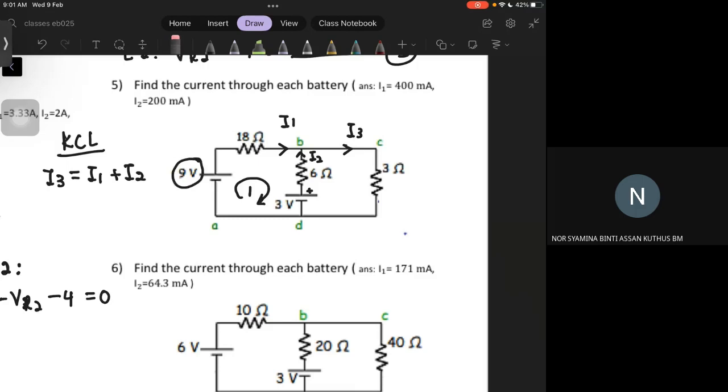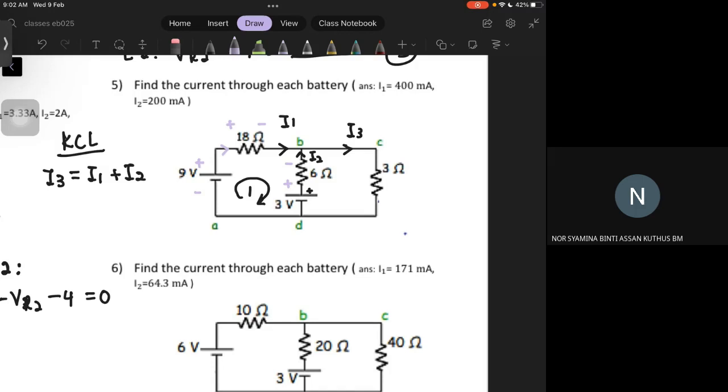Okay, senang. Benda pertama yang kita perlu buat adalah set your positive and negative terminal. Letak dulu, ni positif, ni negatif. Bila current flow this way, sini akan jadi positif, negatif untuk 18 ohm. Untuk yang 6 ohm pula, current flow dia daripada bawah naik atas, so sini positif, sini negatif.